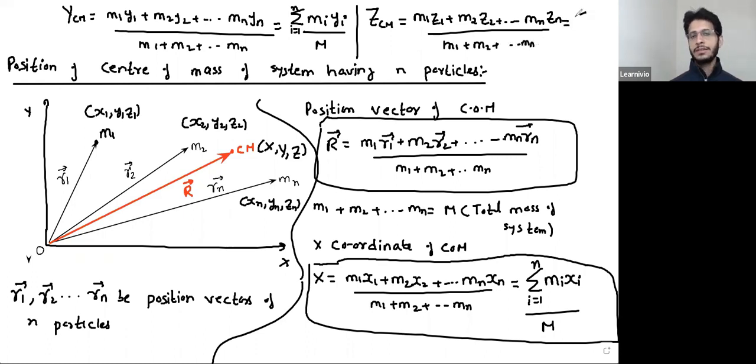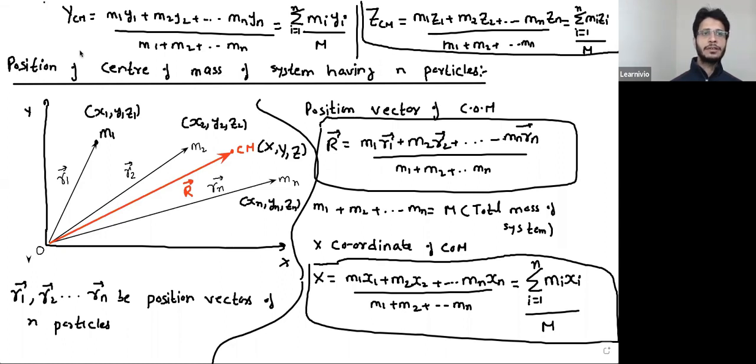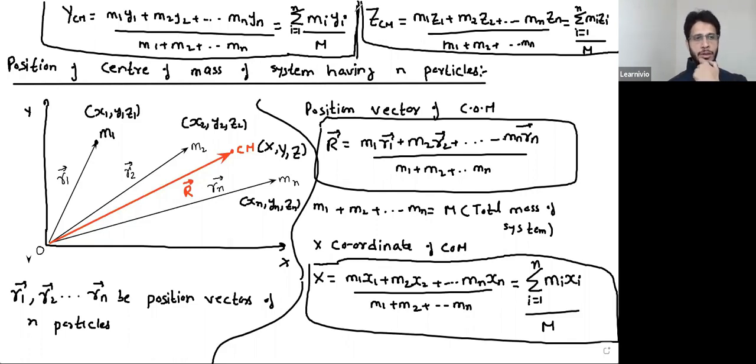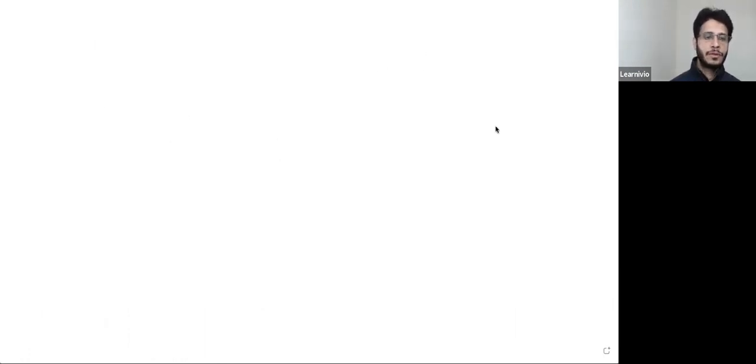Or you can write this as summation of mi zi, i from 1 to n, divided by the total mass of the system. This is the z coordinate of center of mass, and this is the y coordinate of center of mass. So I'm giving you a very simple system.